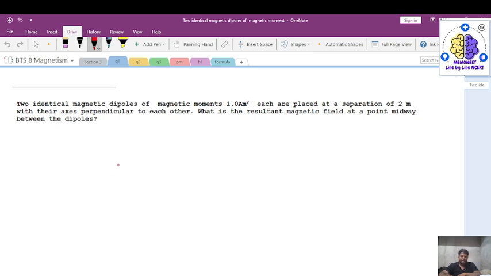So we can say that suppose this is one magnet, let this be north, and this is south, then the another magnet has to be like this, right?